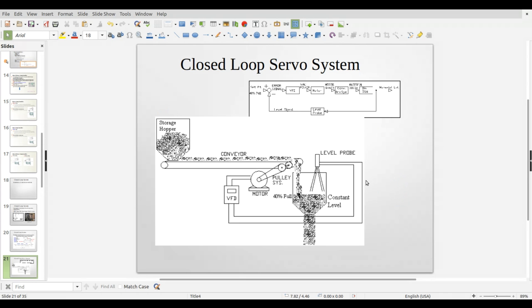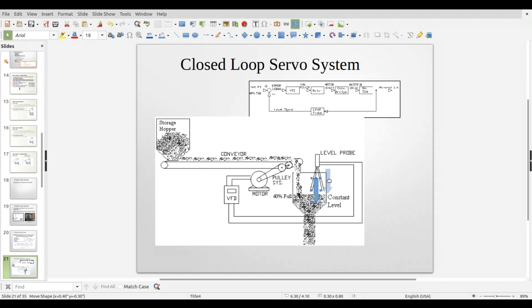So this salt is flowing down here into the bag, and we need this to flow at a constant rate so that we know exactly how much is falling through there. And that's based on this level, because if the level gets too high, you have more weight, and gravity is going to pull it out faster.